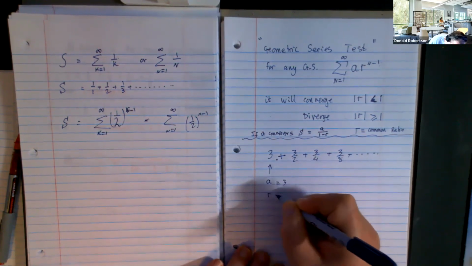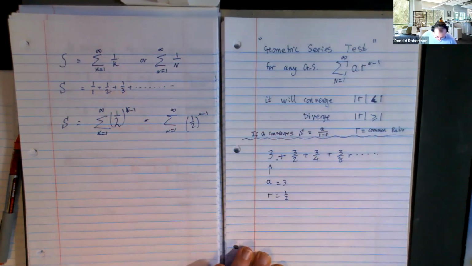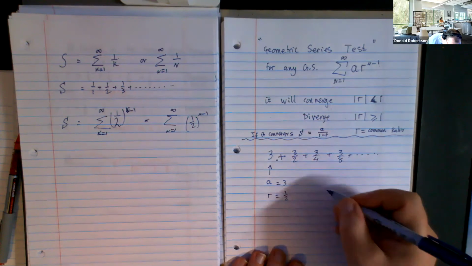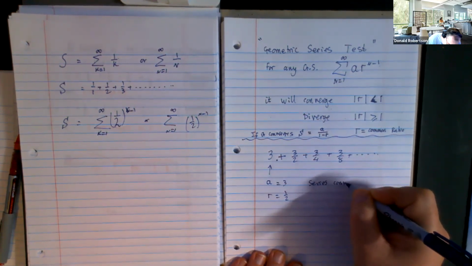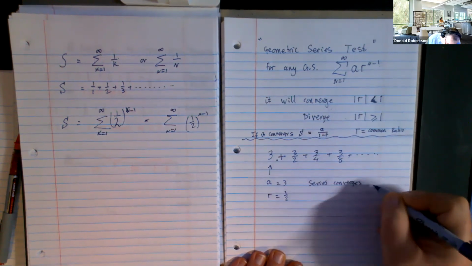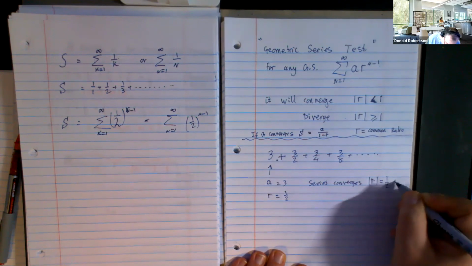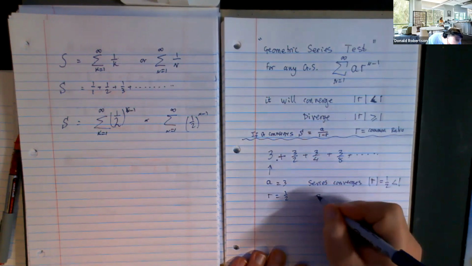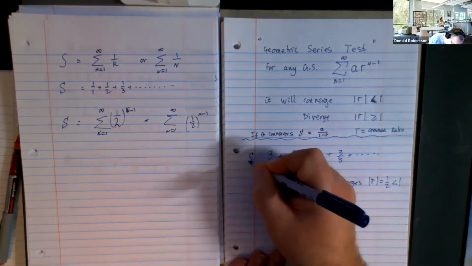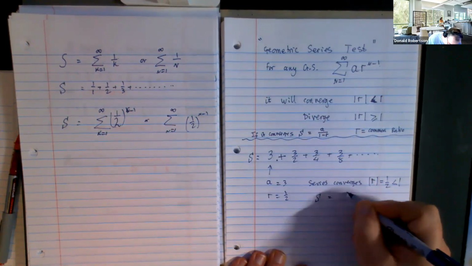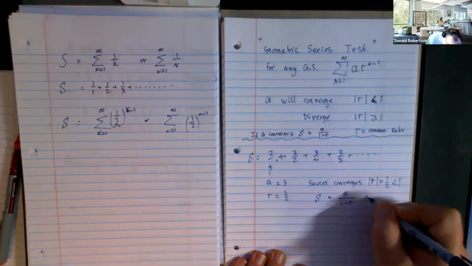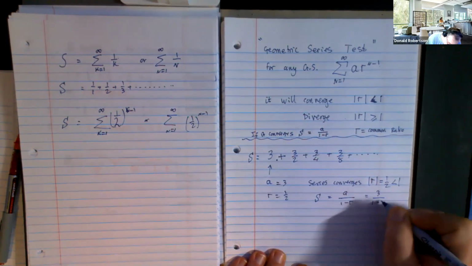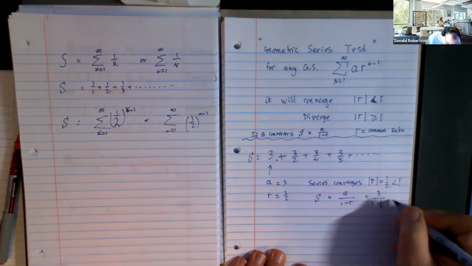The common ratio is a half. So I know that this series converges, because the absolute value of r, which is a half, is less than 1. And I know that this series adds up to a over 1 take away r. And a is 3, and 3 over 1 take away a half ends up being 6.